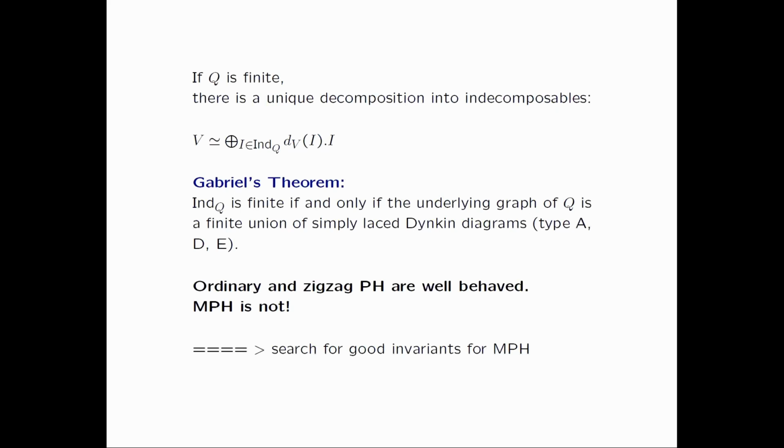Okay, so when Q is finite, it's well known there is a unique decomposition into indecomposables, so V can be written as some multiple d_i V_i, where V_i is one of these indecomposable modules in the representations of Q. Okay, and then Gabriel's theorem, which goes back a long time, 50 years or more, says that the set of indecomposables is finite if and only if the underlying graph of Q is a finite union of simply laced Dynkin diagrams of type A, D, or E. I mean, those are the simply laced ones.